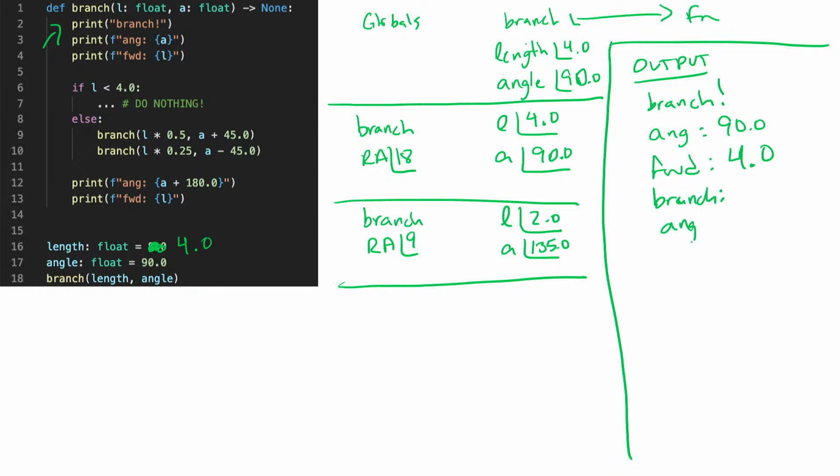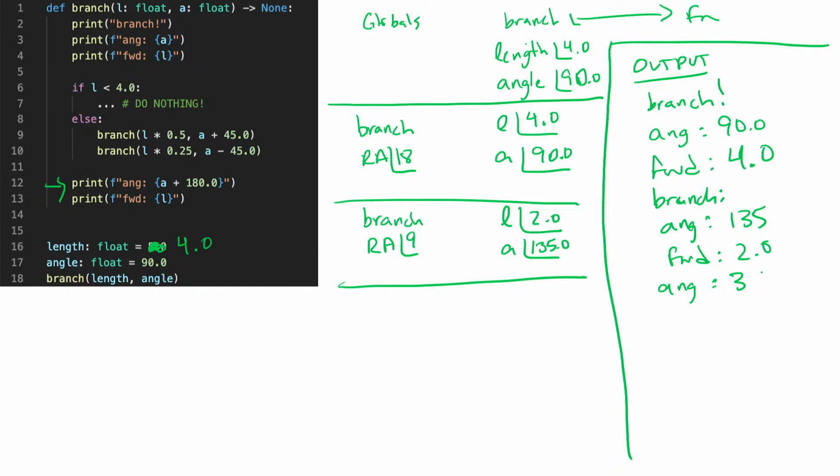This time we print ang 135 and forward 2, right? And here we reach this if. L is less than 4.0. That's true. So we're done with this one. So let's go ahead and print, ang is 135 plus 180.